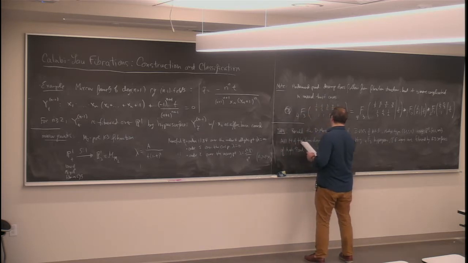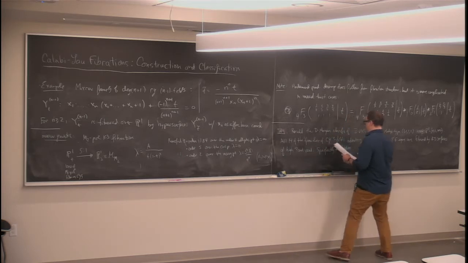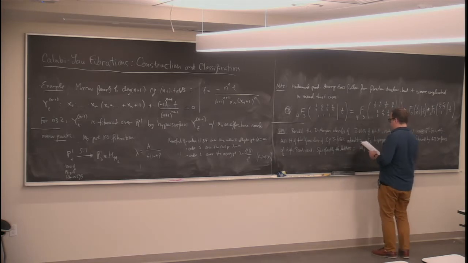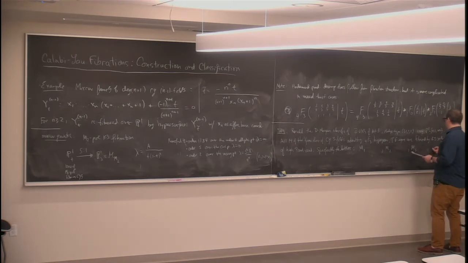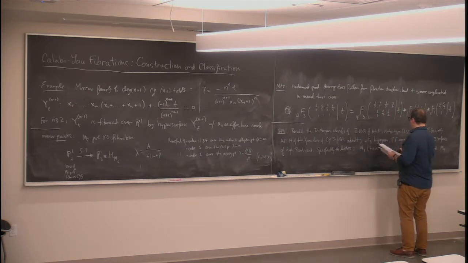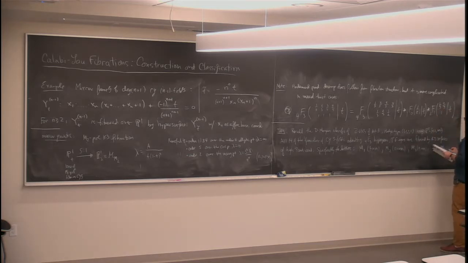Specifically, the lattices M1, M2, M3, and M4. There are 7 cases that are M1 fibered, 12 cases that are M2 fibered, 9 cases that are M3 fibered, and 5 cases that are M4 fibered.